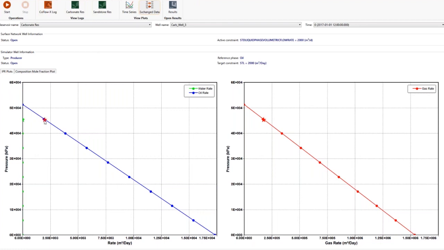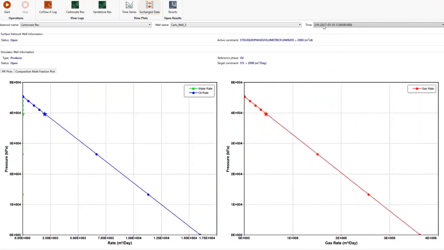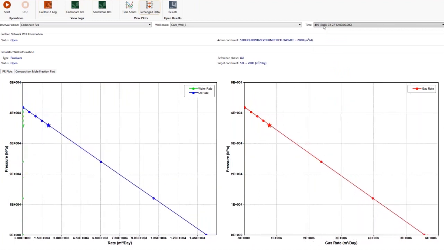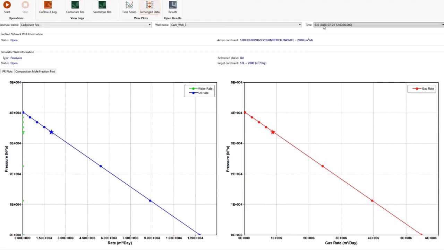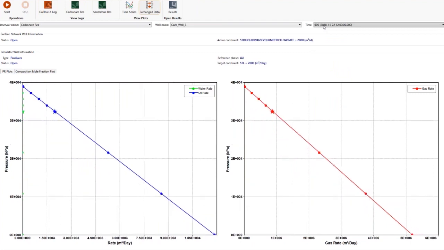So my IPR at the beginning is here, and the intersection point of IPR and VLP is this star that I've highlighted. And as time goes by, my IPR keeps changing, and Coflow X makes sure that the right IPR is transferred from GEM over to Coflow.